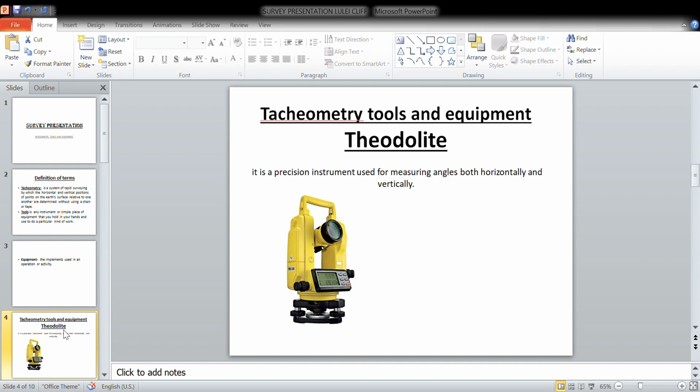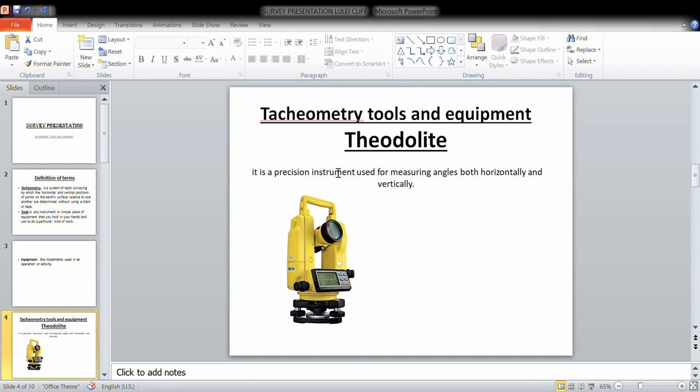Having defined the terms used in tachymetry, we have to define the term theodolite. The theodolite is a precision instrument used for measuring angles, both horizontal and vertical.